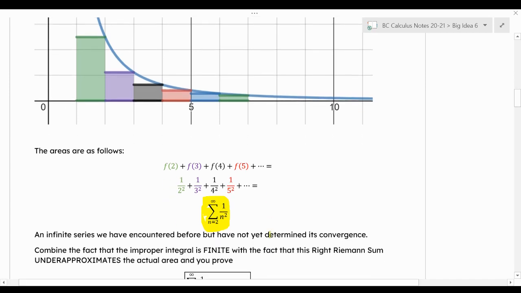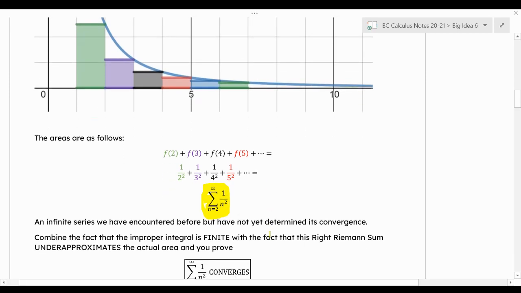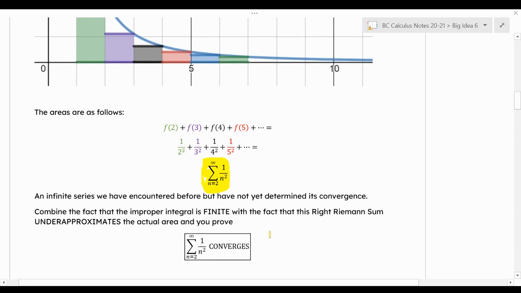So this infinite series we saw in the previous lesson, when I was talking about a series as a sequence of partial sums. We tried to figure out its partial sum sequence, and we never figured that out. Well, today we're going to talk about how to show this thing converges or diverges. We can make the connection to the right Riemann sum, and right Riemann sums under-approximate decreasing curves.